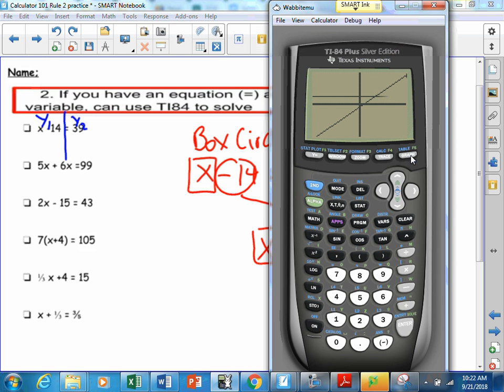Second trace 5. Enter 3 times. 1, 2, 3. And what I see is that the value I have for x is indeed 53. So, 7th, 8th grade skill, 9th grade skill.